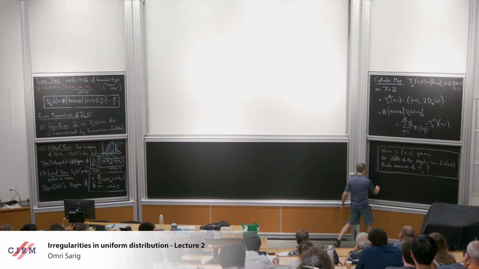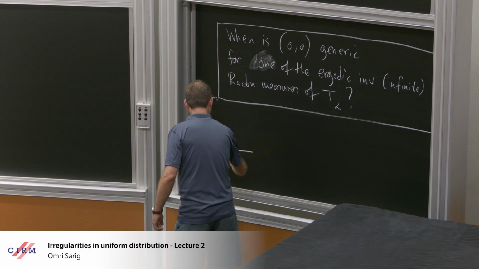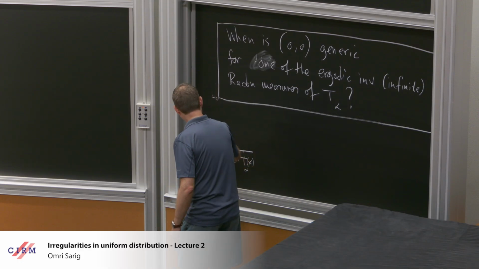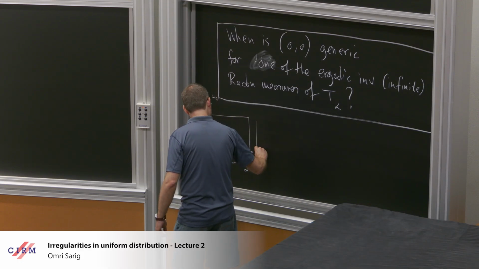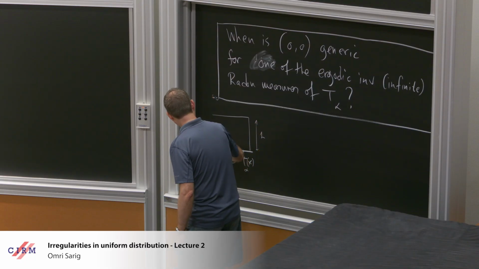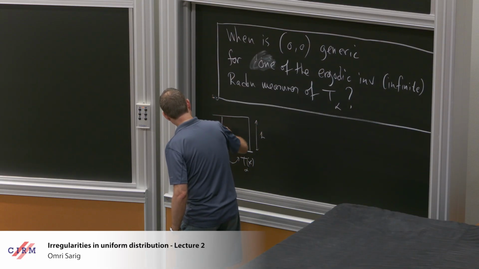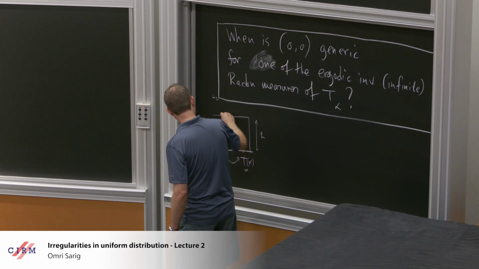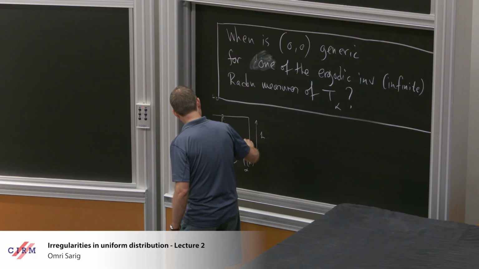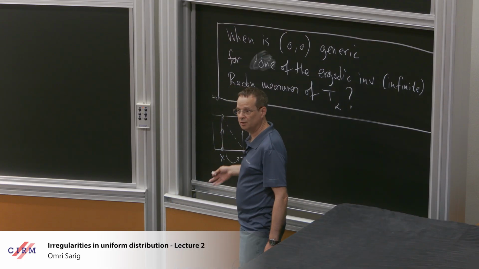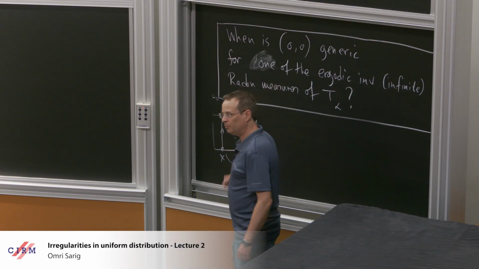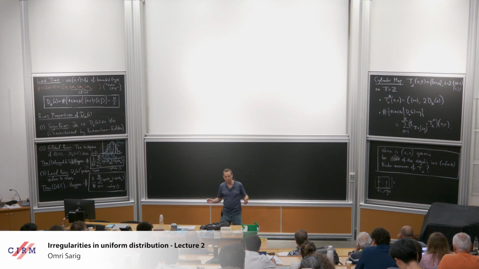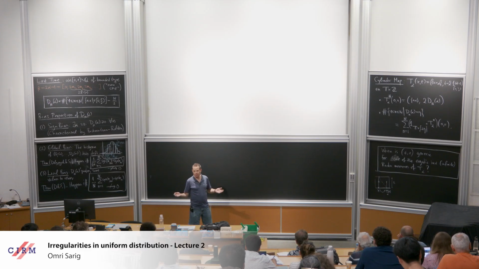So you have a map, x goes to T_alpha of x. Now let's build the constant suspension. It's a flow. Basically you flow at constant, unit speed, until you hit the roof. Then you disappear. You re-emerge at Tx and you continue in this way. Clearly you can pass from the Birkhoff sums of the map to the Birkhoff integrals of the flow and vice versa, and the two problems are equally difficult. So this is a complete triviality.